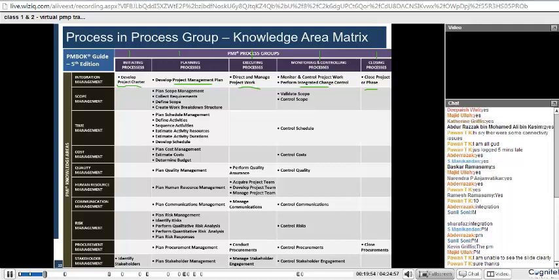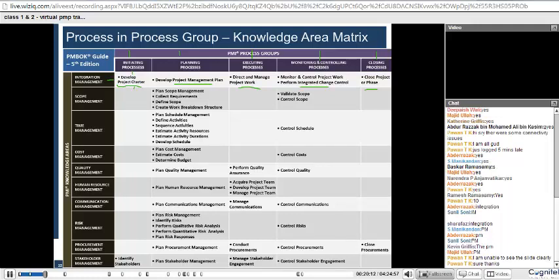Now these are all processes. Like this, there are processes everywhere on this matrix. Now what does it mean? That develop project charter is a process which belongs to the integration management knowledge area and is part of the initiation process group.